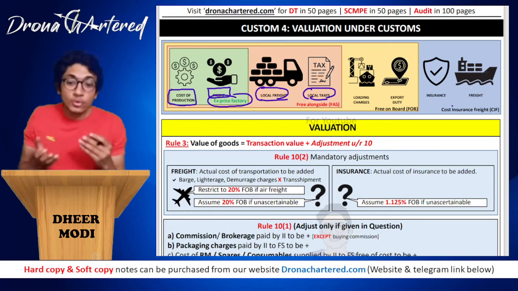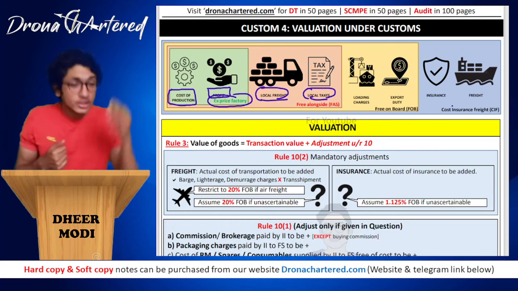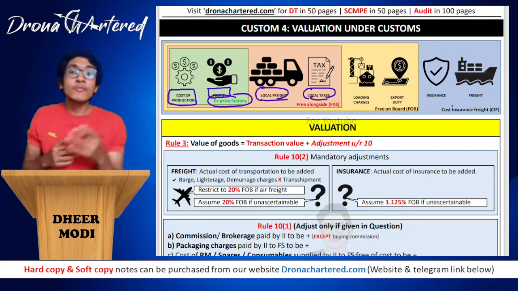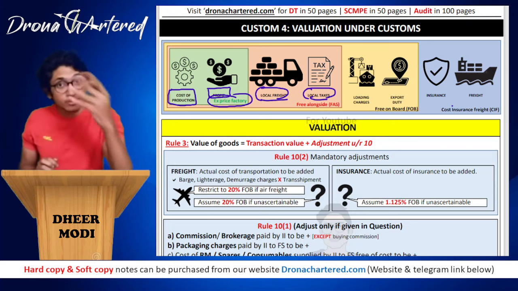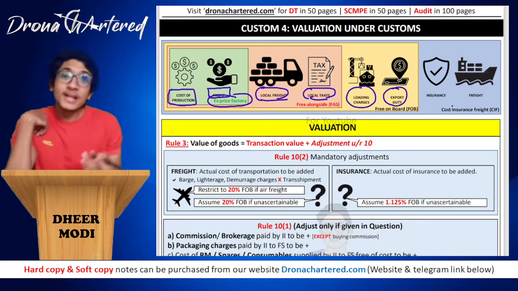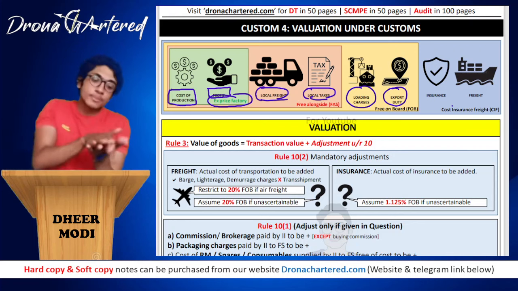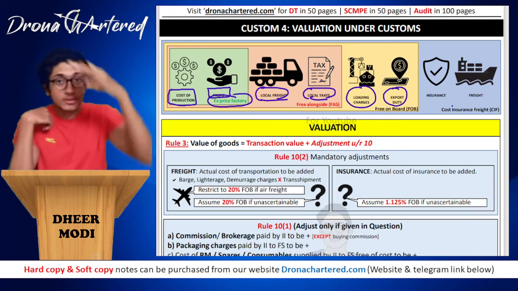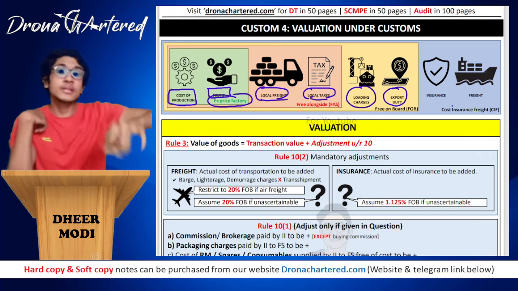Now these goods are kept alongside the port. What do we have to do? We have to put them in the ship. You will have to pay some charges to put these into the ship, that is your loading charges and any export duty. Only then will these goods be on the ship, because they will be lifted by a crane and put in the ship.